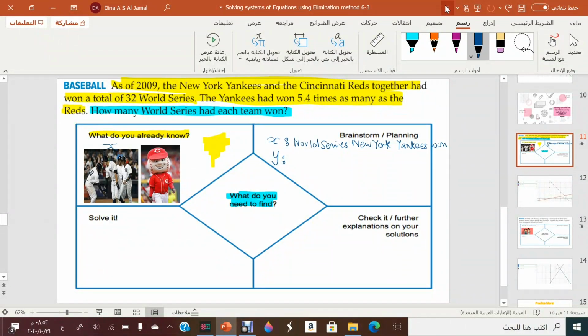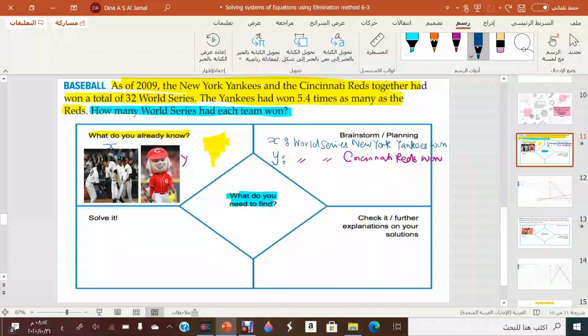So this is for x. And now what about y? This is the World Series that which team? The Cincinnati Reds won. So this will be y.